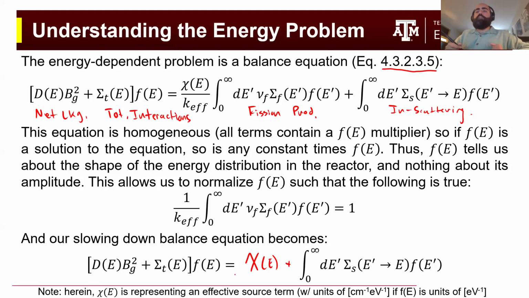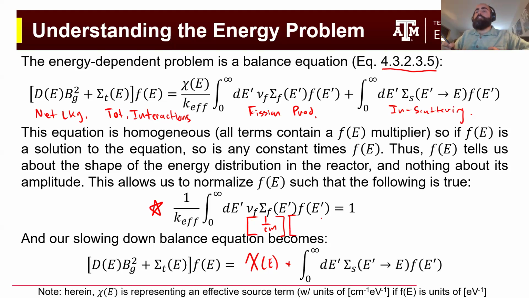And just to make an important point, because we care about units and we care about what each term in our equation is representing, when we make this normalization, we just have to be careful that this chi of E is now an effective source term that is normalized to one. This equation, right here, is normalized to one, but it has units. If we look at the units, nu F sigma F is inverse centimeters.